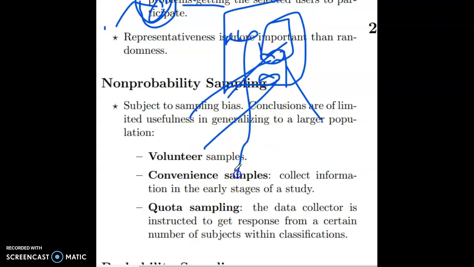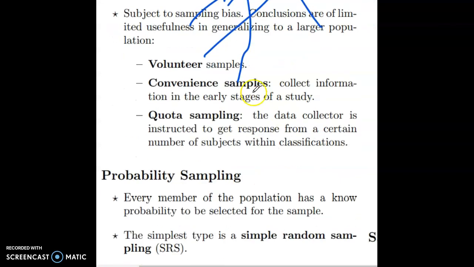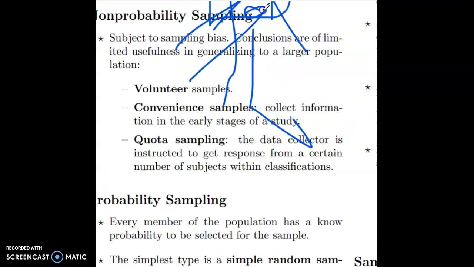Convenience samples collect information in the early stage of a study. Quota sampling: the data collector is instructed to get a response from a certain number of subjects within a classification.